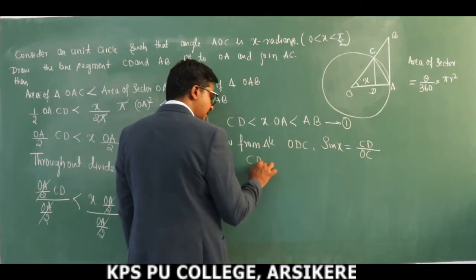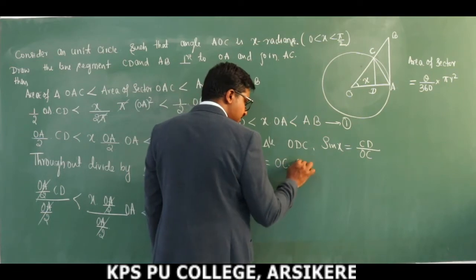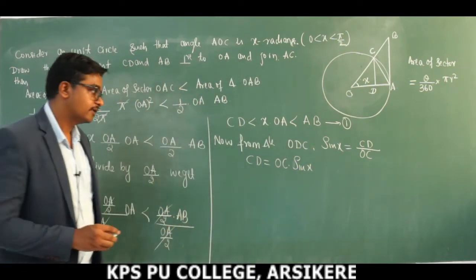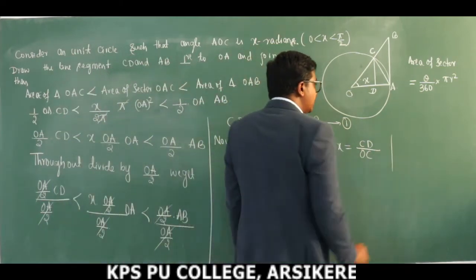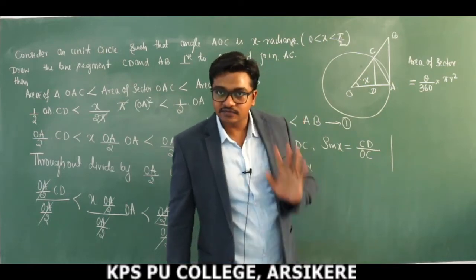Therefore, taking cross multiplication, CD is OC into sin x. Just observe here, OA and OC are the radius of the circle.